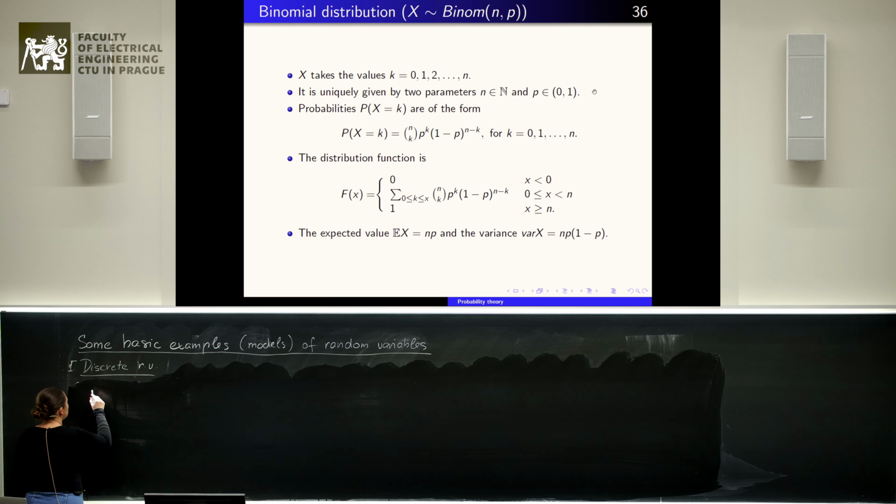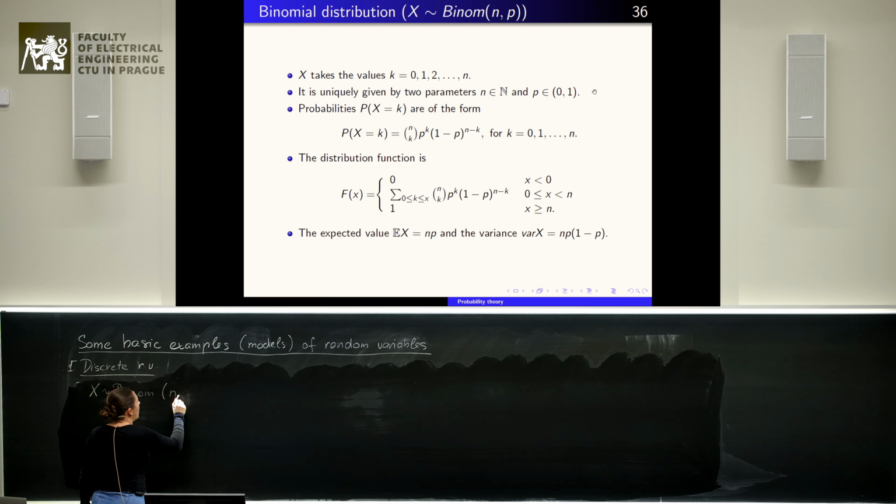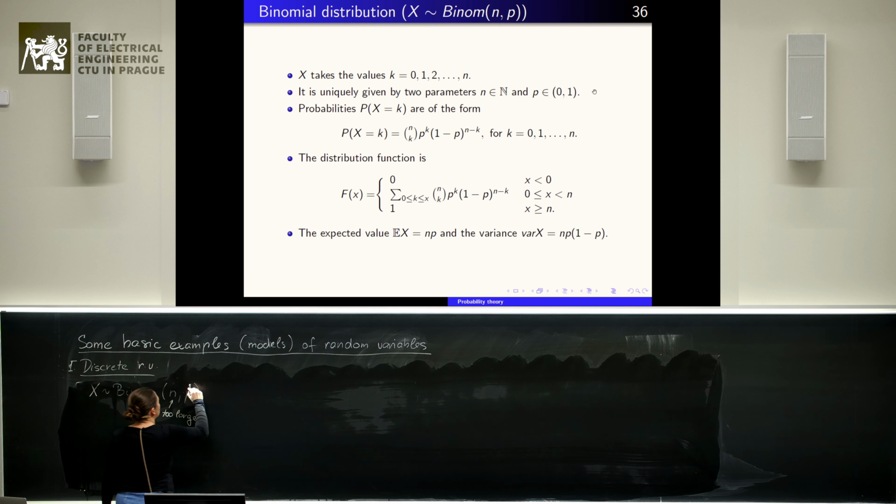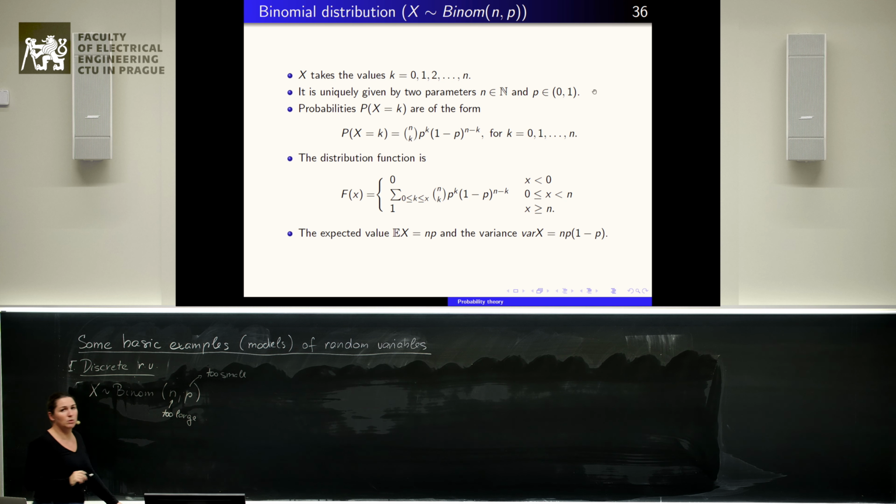So imagine the situation that x has binomial distribution with the parameters n and p. And imagine that n is too large and p is too small.